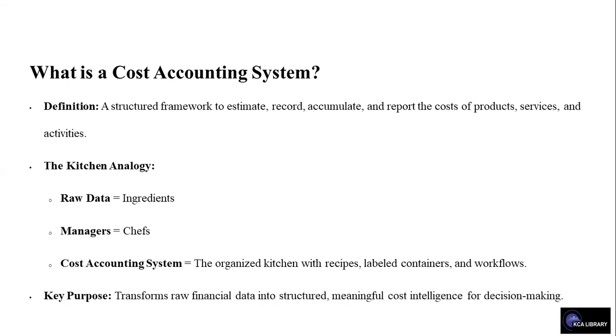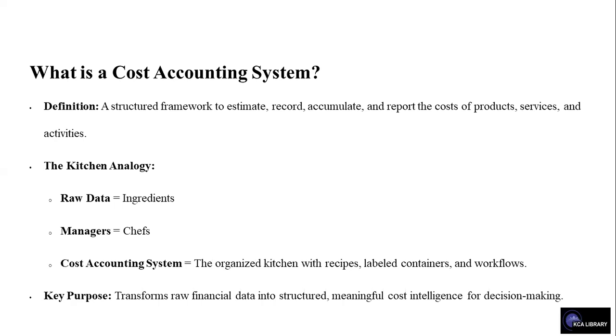What is cost accounting system? It is actually a structured framework to estimate, record, accumulate, and report the cost of products, services, and activities. Let's just bring about this analogy. I call it the kitchen analogy.